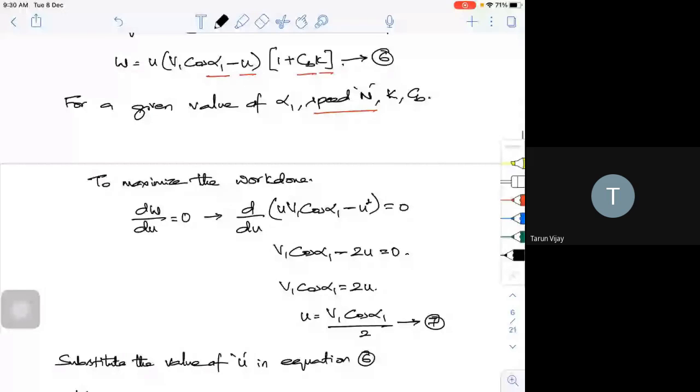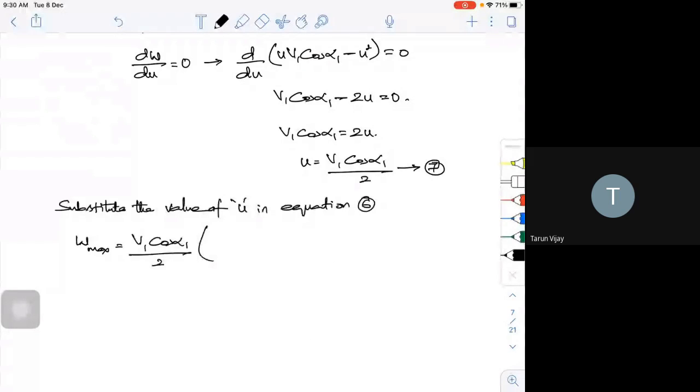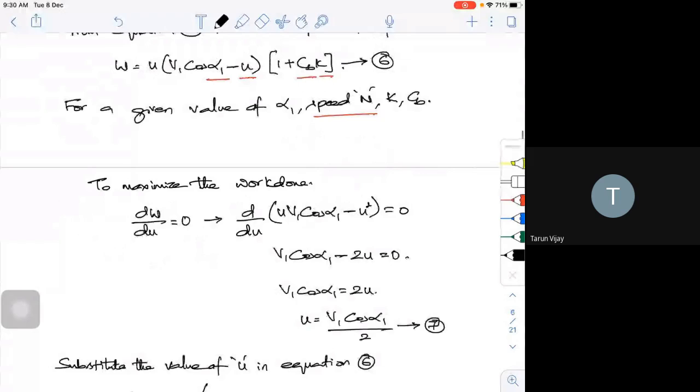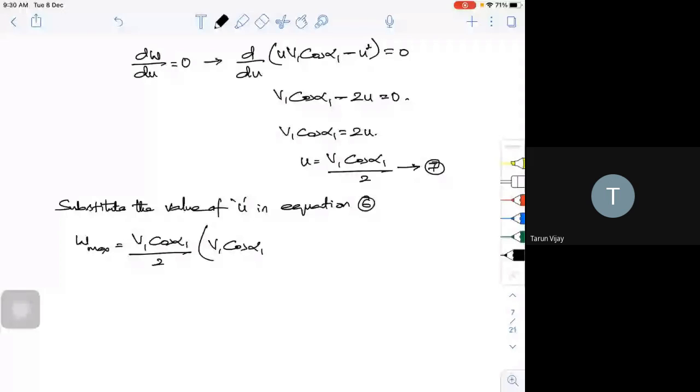So I can write v1 cos alpha 1 by 2 into, already v1 cos alpha 1 is there, minus u, which I will put as v1 cos alpha 1 by 2, into 1 plus cd into k.